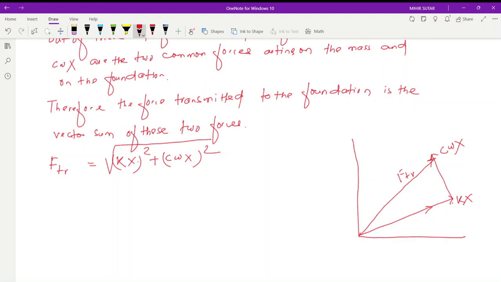From the vector diagram, now you can write this as X times the square root of k square plus c omega square, equation 6.